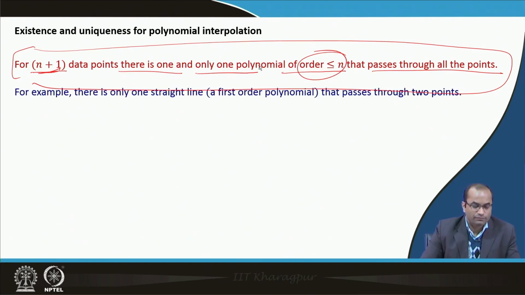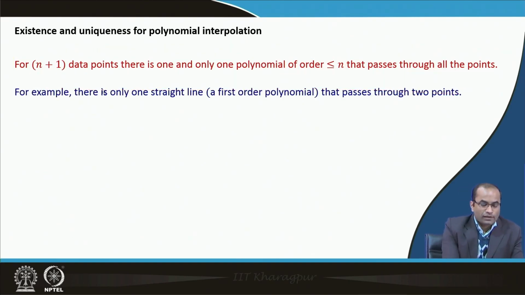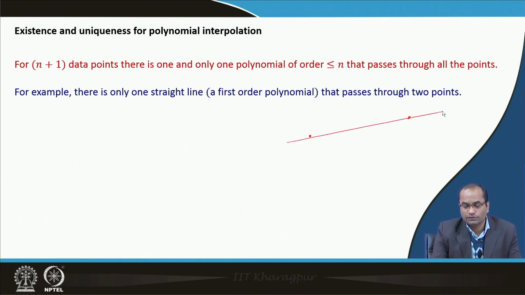A very simple example which we can talk about is when we are talking about 2 points and we know that there is a unique straight line. So, a polynomial of degree 1 which passes through these given 2 points, there cannot be two different lines which pass through both the points. So, it is a uniqueness and there will always be a line. So, there is existence.